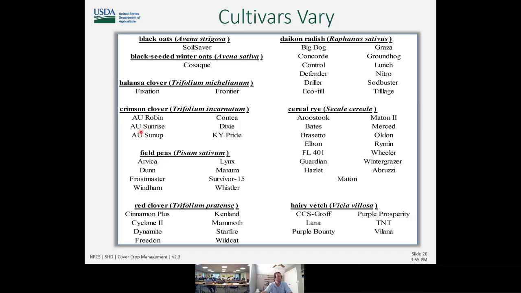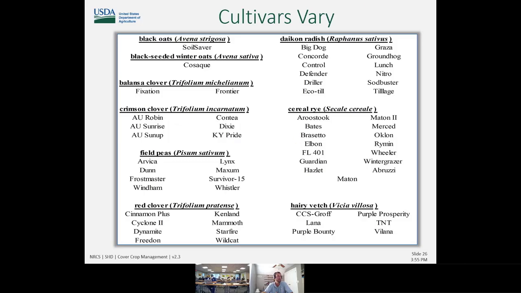These AU species, developed by our plant material centers and Auburn University, were bred or selected to mature earlier. Why do we want those to mature earlier? Because when they make 50% flower, we are getting the majority of the nitrogen that clover is going to be able to provide us. So that may fit the window of a producer that is going to plant an earlier corn in comparison to the Dixie or even the variety not stated that could be utilized.